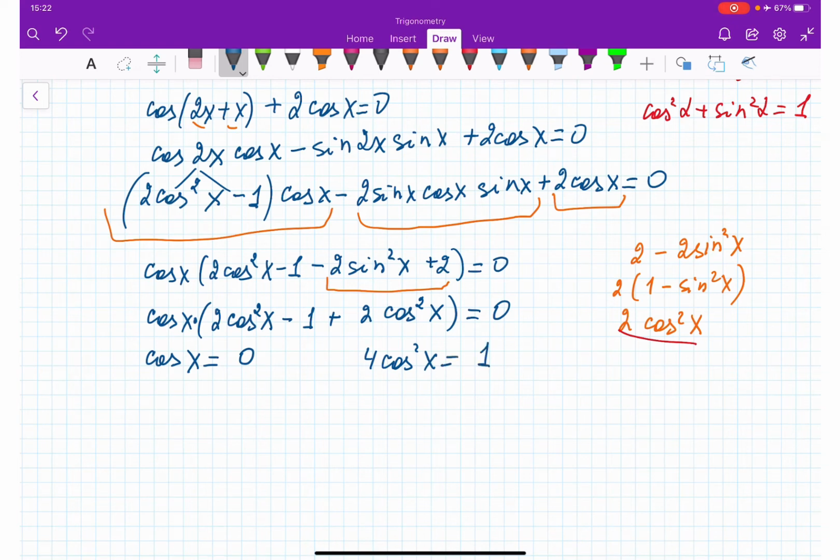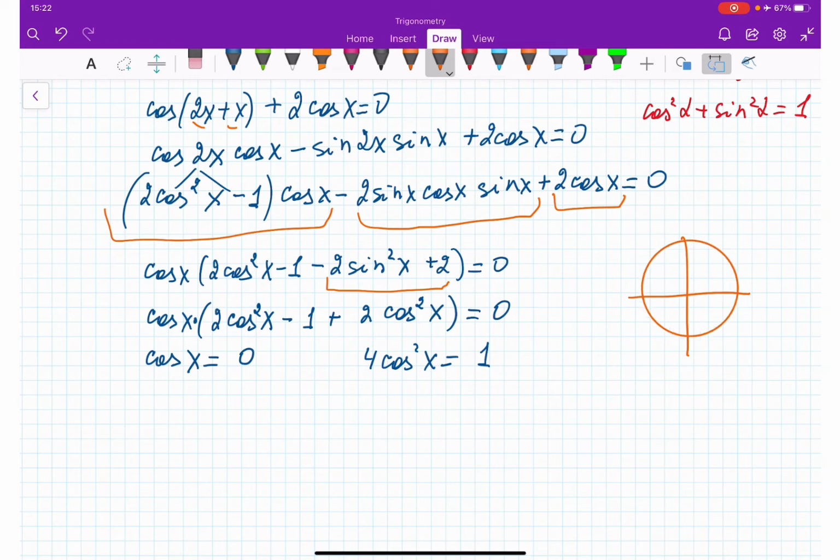So when cosine x is equal 0, when do we have cosine x is 0? Okay, let me clean this. Cosine x is equal 0 at this point, right? Because cosine represents our x-axis and sine x represents our y-axis. So x is 0 on the y-axis, which is cosine x equal 0.